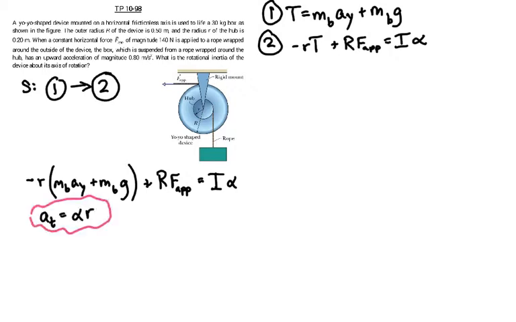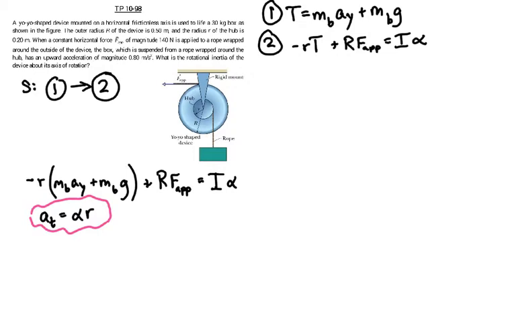Alright, so here's the equation we are looking for. The tangential acceleration is equal to the angular acceleration times the distance from the axis of rotation to the point in question, or the tangential point. Now what we were given in the problem was the linear acceleration of our block upward. And that goes to the point right here tangential to our inner hub.